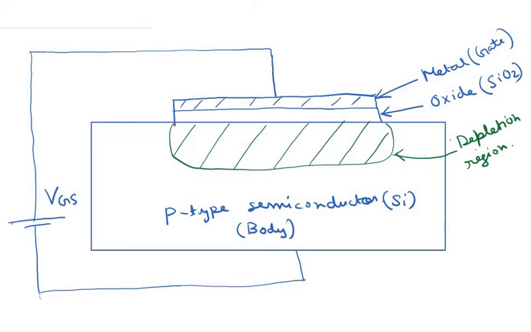So in a very thin region near the surface, there are no holes. If I further keep on increasing this electric field, then the holes would not be repelled at the surface because there are no extra holes at the surface.